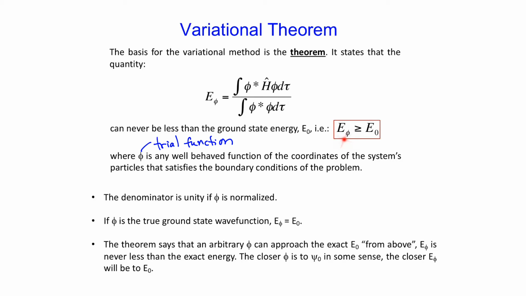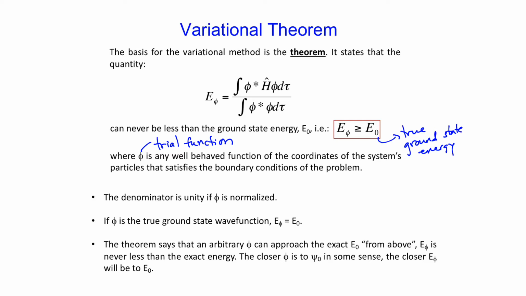So E phi, the energy with your trial function, should always be greater than your actual true ground state energy. That's essentially what we can think of as a law of using the variational theorem. It can never be lower than the ground state energy.